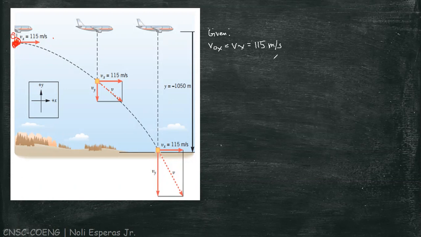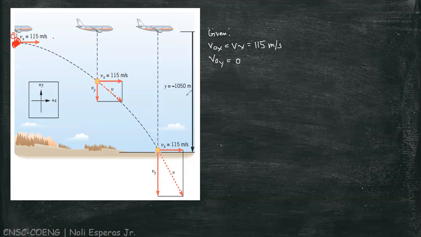And for our initial velocity y component, it is equal to 0. Since the motion of the airplane is horizontal and it does not move vertically, therefore our initial velocity for the y component is 0.